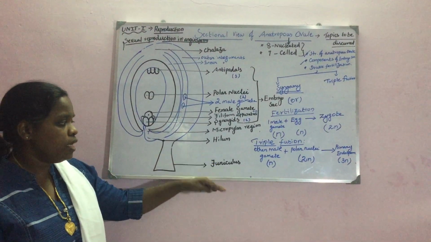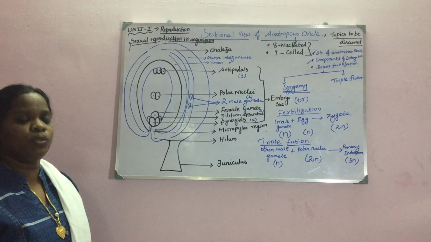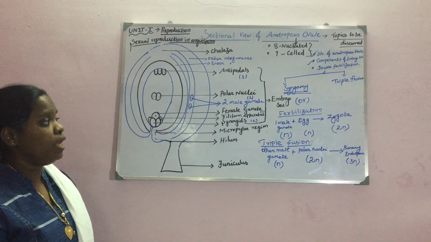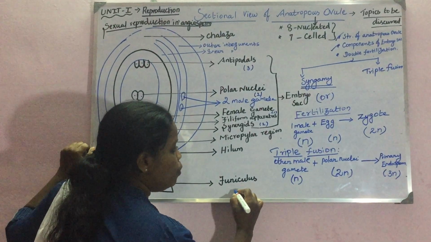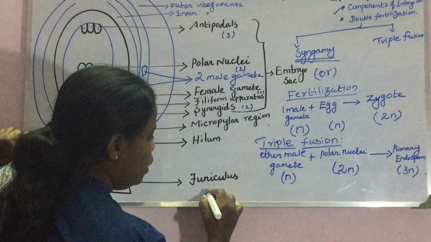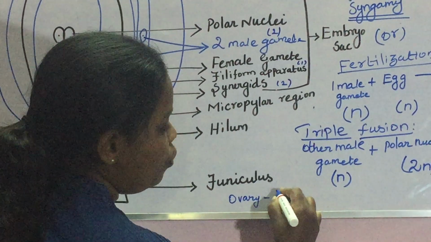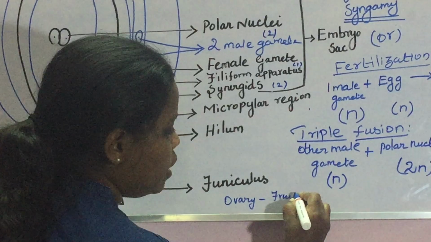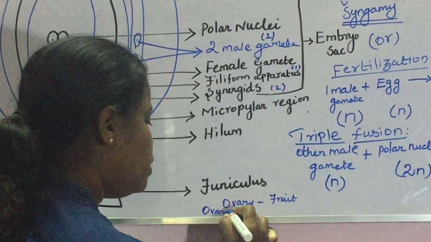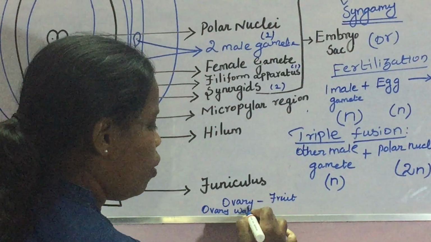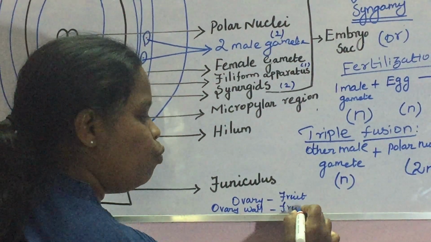Next one. What is the post-fertilization event? The ovary is converted into fruit. The ovary wall, or integument of the ovary, is converted into the fruit wall.